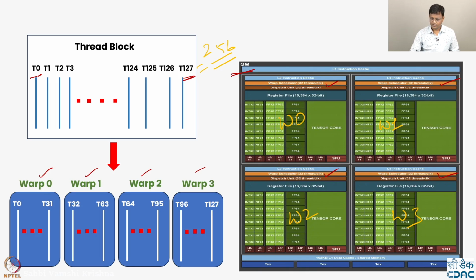For explaining purposes I am mapping the values like warp 0, then warp 4, warp 5, warp 6 and warp 7 will be mapped, but the order may be anything. One process block may be 0, may be 1, that will be taken care of by the warp scheduler.